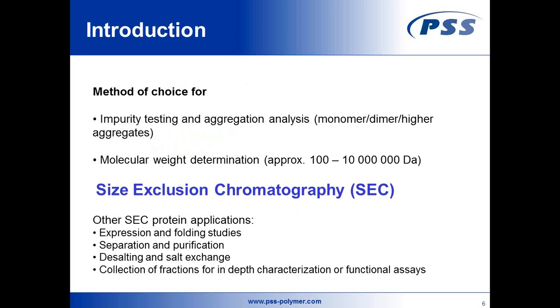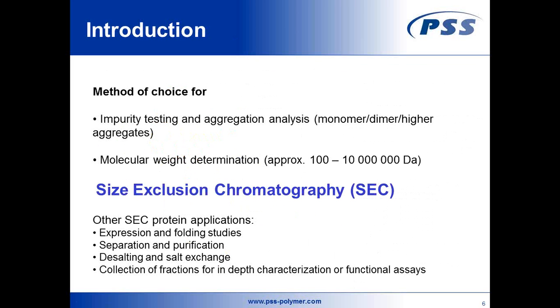So I mentioned at the very beginning that size exclusion chromatography is a very useful technique to determine proteins or monoclonal antibodies, and this is the case because size exclusion chromatography is able to separate molecules according to their size, and that is what we have discussed before, the aggregation of the protein or the oxidation of the monoclonal antibody.